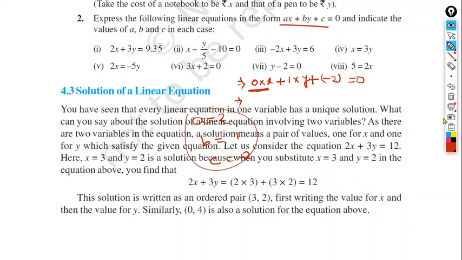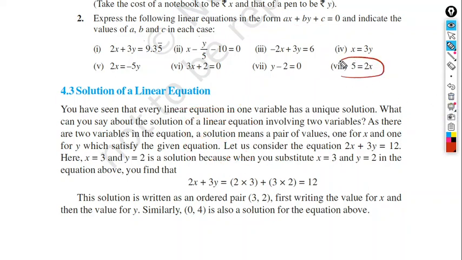Hence problem solved. Now we will do the last one. 5 equal to 2y. Again 5 equal to 2y implies minus 2x will be transposed to LHS. Therefore minus 2x plus 5 equal to 0, implies minus 2x or minus 2 into x you can write, plus by, you can write b is 0, plus 0 into y, plus c equal to 0.